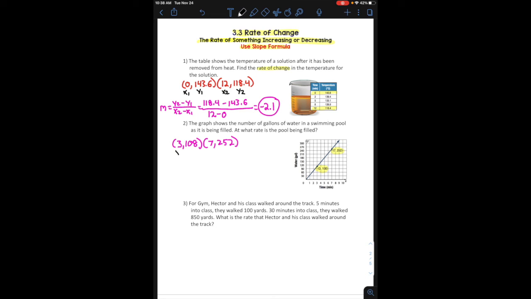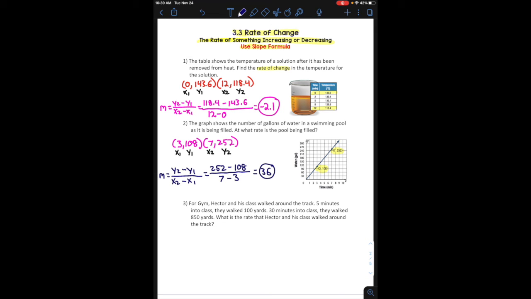Again, let's just note what our x1, y1 and x2, y2 will be. Since this is my first ordered pair, I'll label x1, y1, and my second ordered pair will be my x2, y2. When we put this information into our slope formula, y2 minus y1 divided by x2 minus x1, we'll get 252 minus 108 divided by 7 minus 3. After you subtract and divide in your calculator, we'll get the answer of 36.